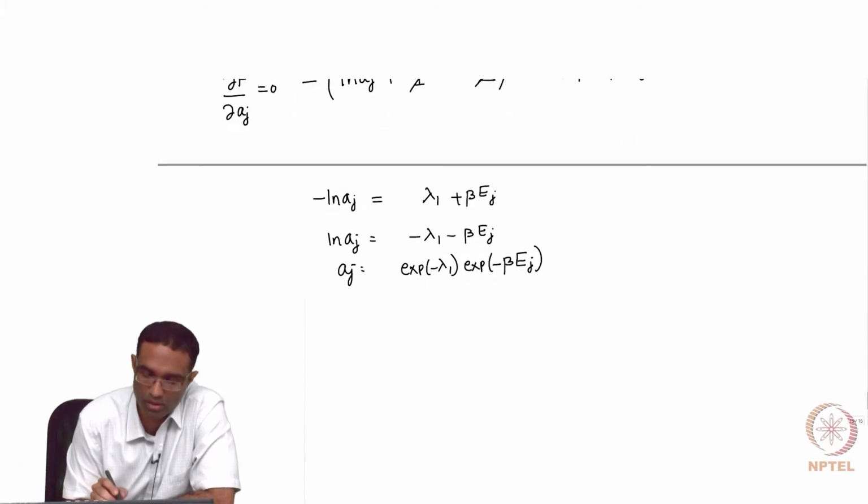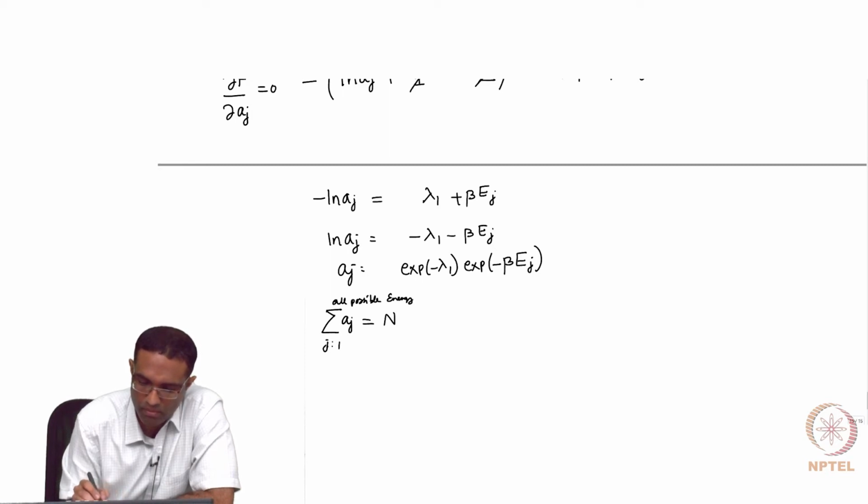Right, I am just taking the long one. Now, however, one of the things that you should understand is that the sum of Aj must be equal to n, j equal to 1 to all possible.